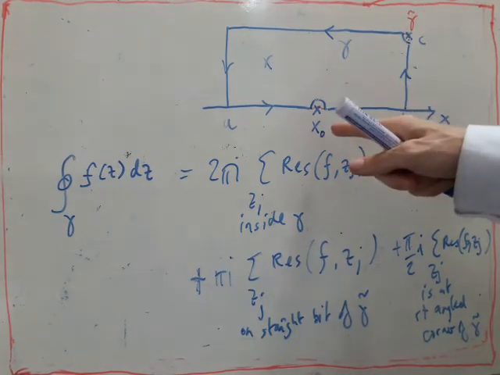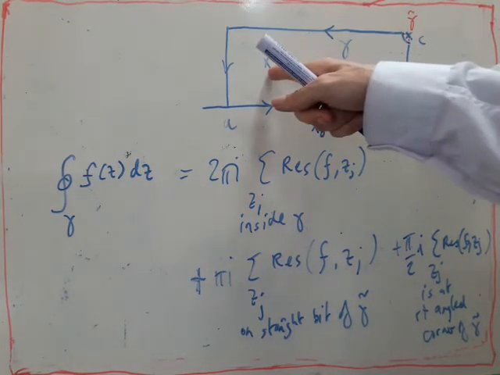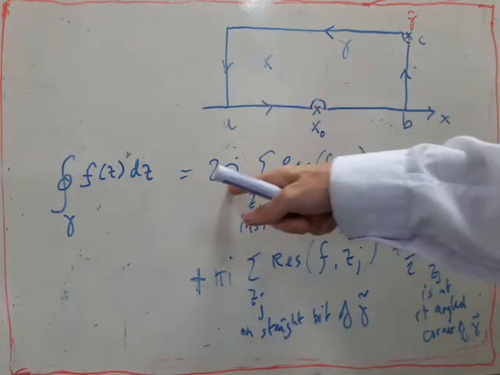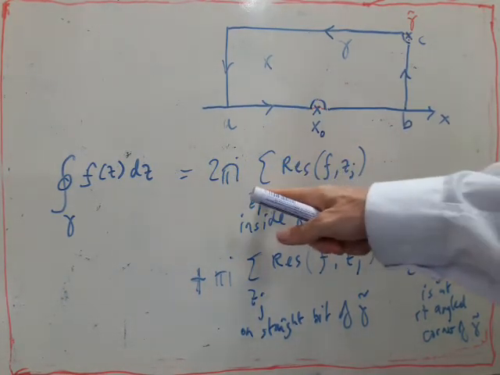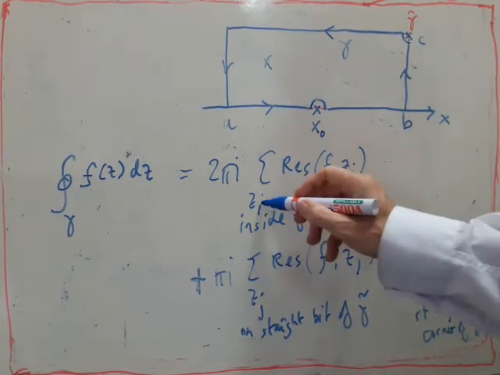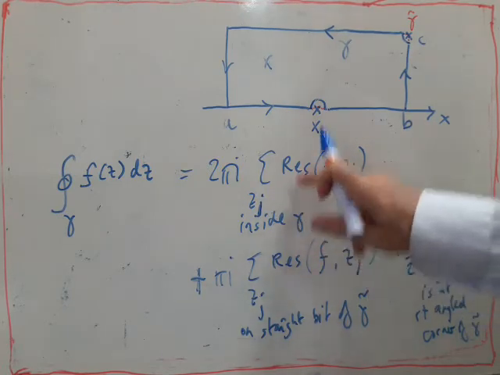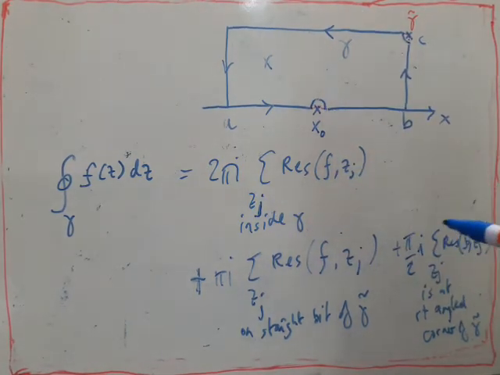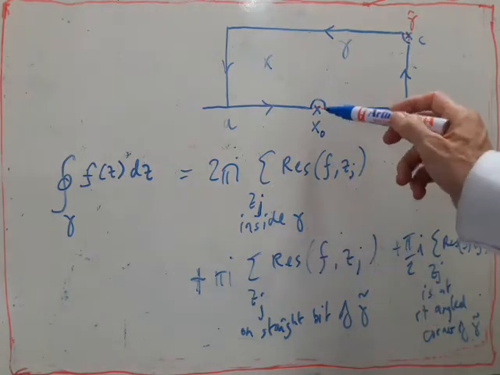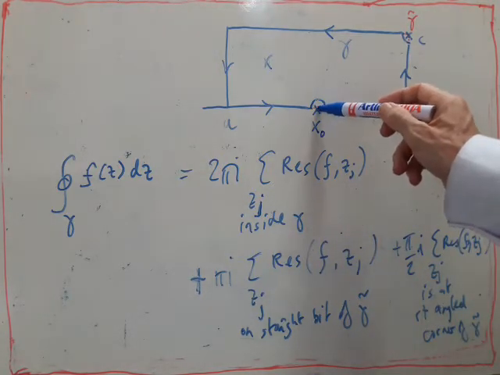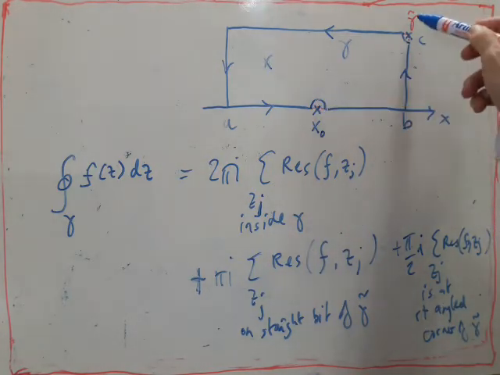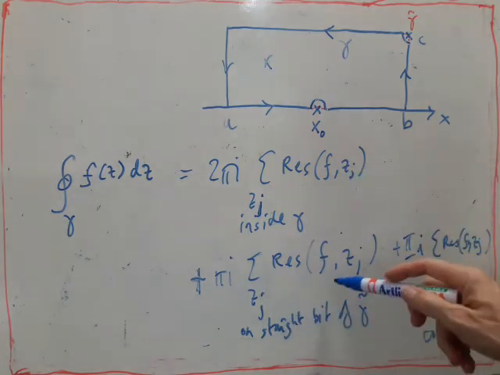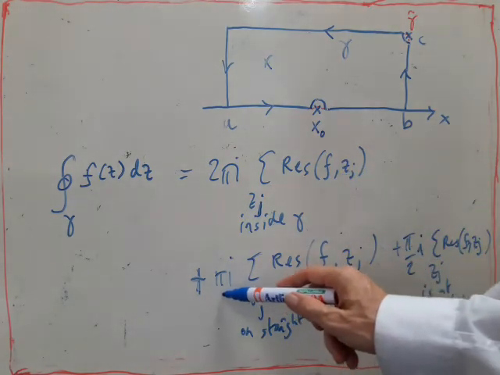We've still got the ordinary poles inside the contour, so that's 2 pi i times the residue of those, z_j, inside gamma, inside the simple closed loop. Then for poles actually on gamma tilde, we just do half of what we would normally do.